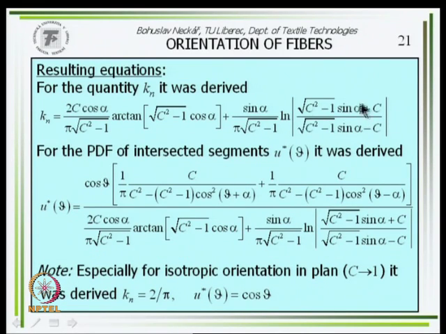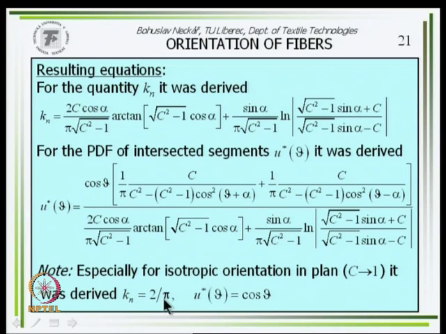As the result you obtain such a value of k. It is possible to do analytically, and we obtain this equation for Kn, and then this equation for the probability density function of orientation of fiber segments in the cutting line. Note that Kn is 2 by pi for an isotropic structure; these two are valid.